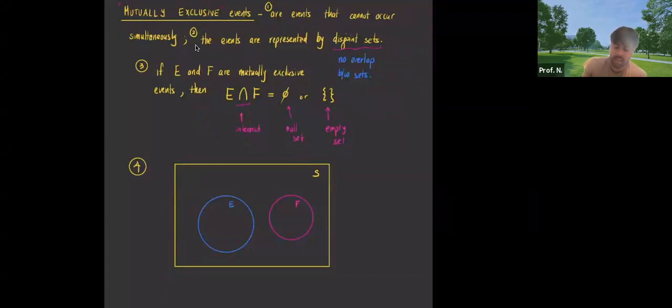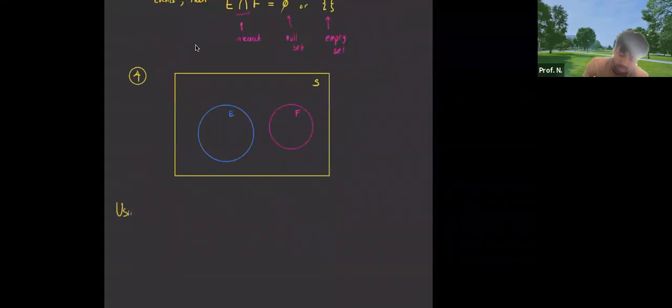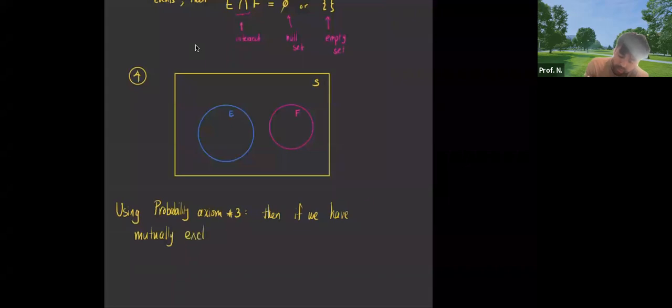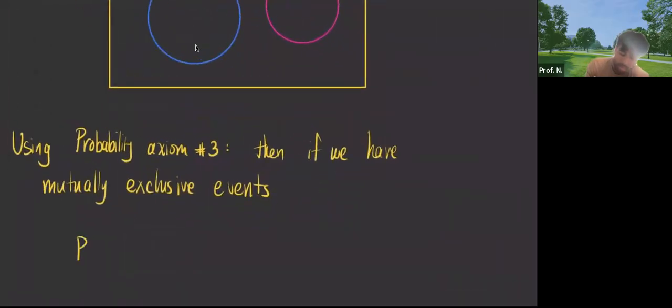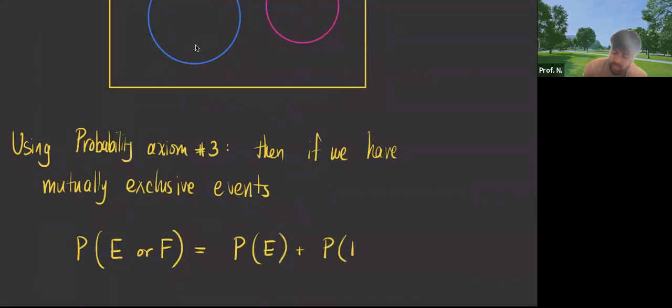And using axiom number 3 of probability, if we have mutually exclusive events, the probability of E or F occurring is equal to the probability of E plus the probability of F.